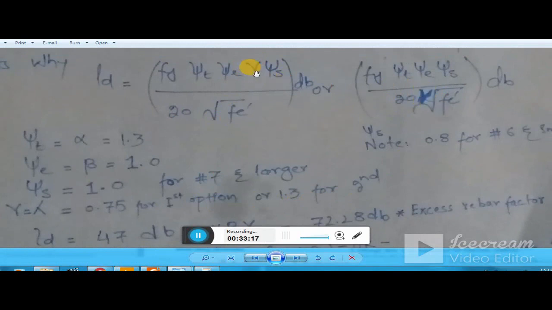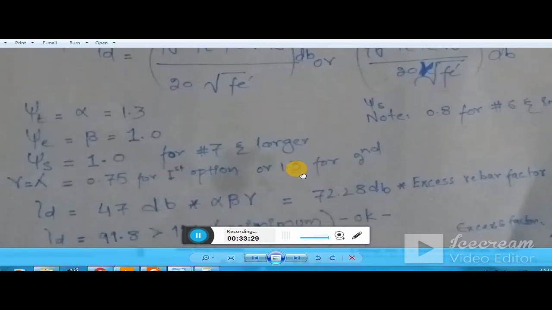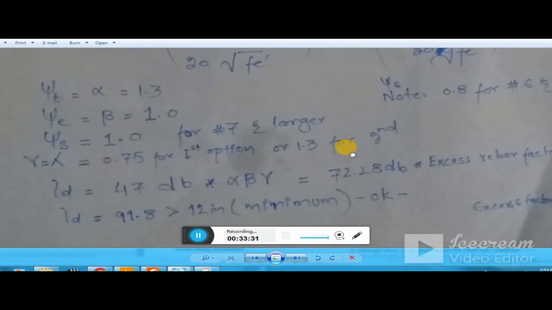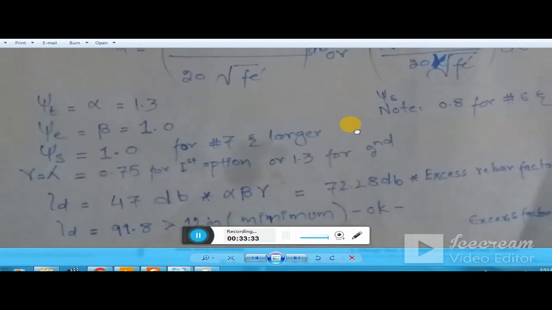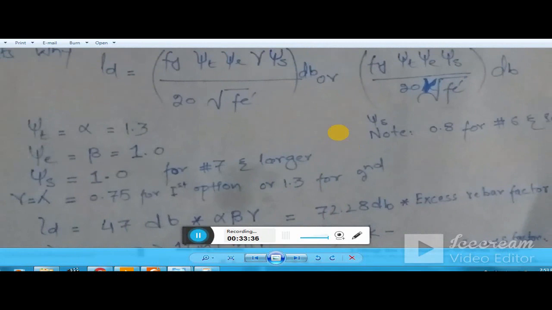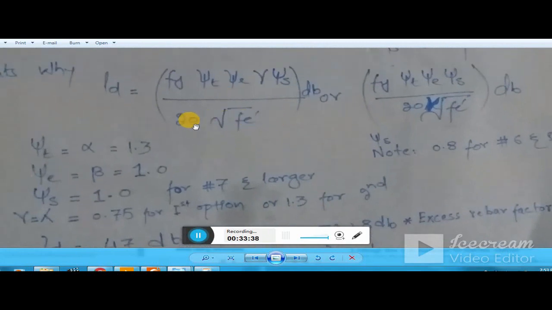If this gamma factor or lambda is in the numerator, then you will use 0.75, and if it is in the denominator, you have to use 1.3. So please make the correction.